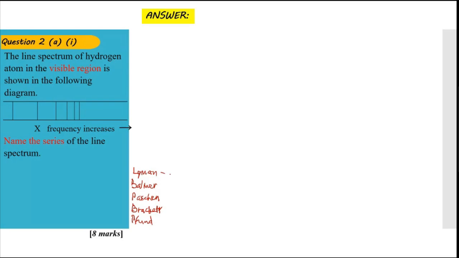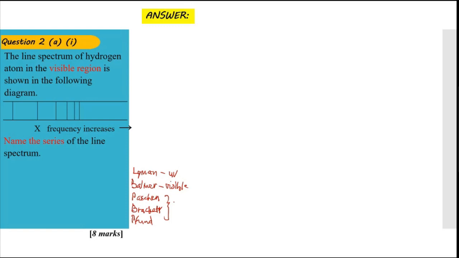So Lyman is in the UV region. Balmer is the visible region. These are all knowledge. And these three are IR, infrared. So very simple, this is just a knowledge question. You must know the visible region refers to Balmer series. So the answer is Balmer series.